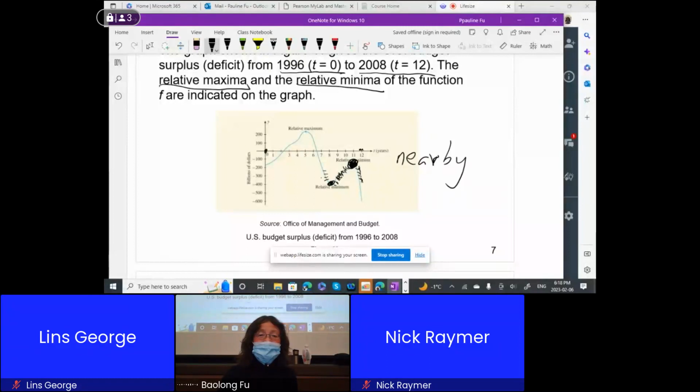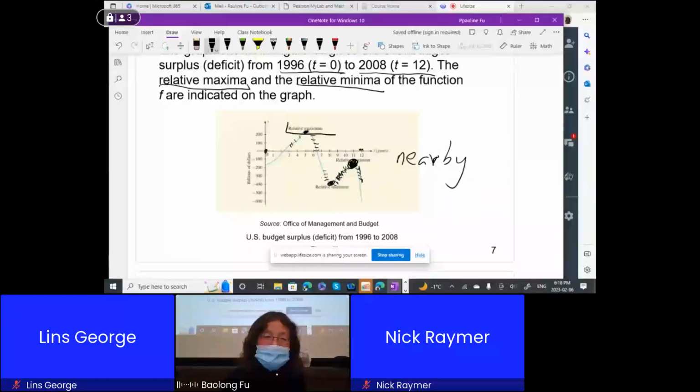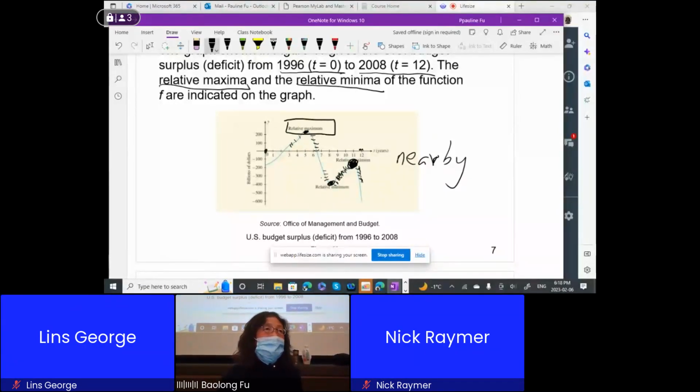Okay. And the same thing for here, this point. This point is a relative maximum because this number is greater than all the numbers nearby. And just from this diagram, this relative maximum is different from this point, which is also a relative maximum.